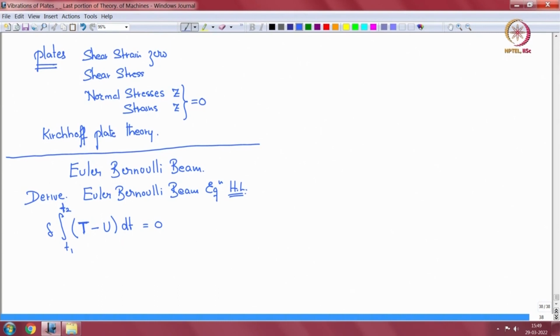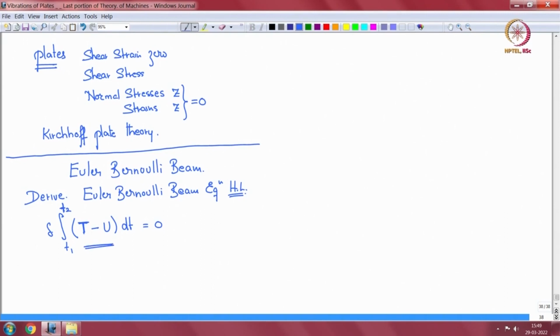For a dynamical system moving in time between two time points where the states are known, it behaves in such a manner that the variation of this action integral is 0. That is Hamilton's law.